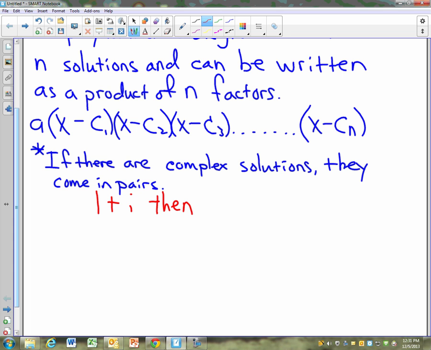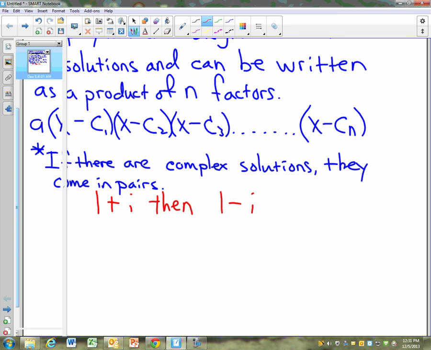What's the conjugate of 1 plus i? 1 minus i. So if you ever see a complex solution, you know it has a pair, and you know its pair is going to be its conjugate. Okay? Everybody okay with what I said? We'll practice it.